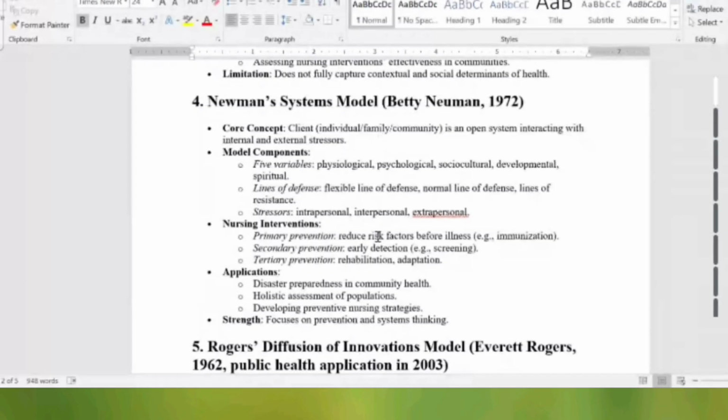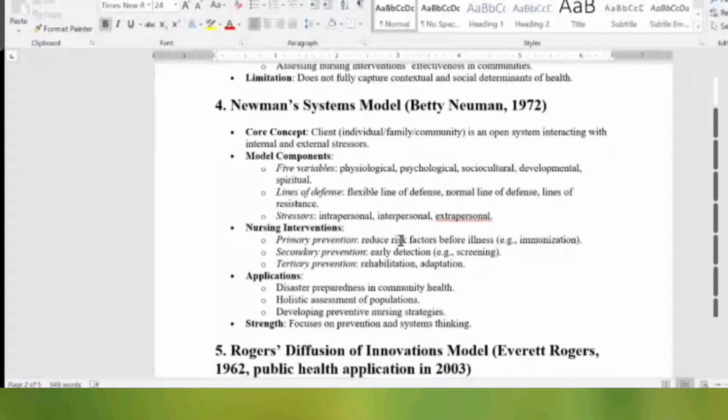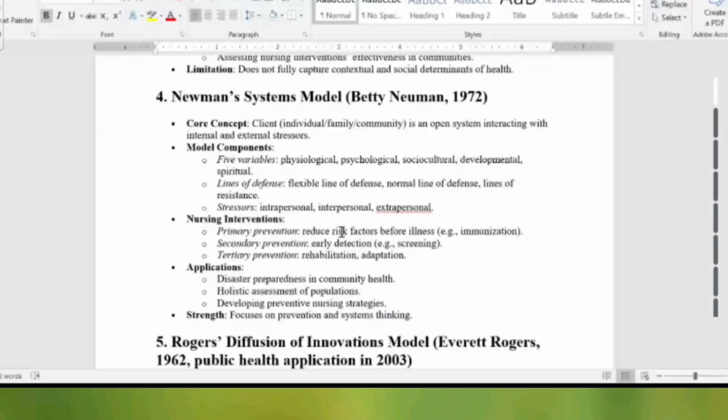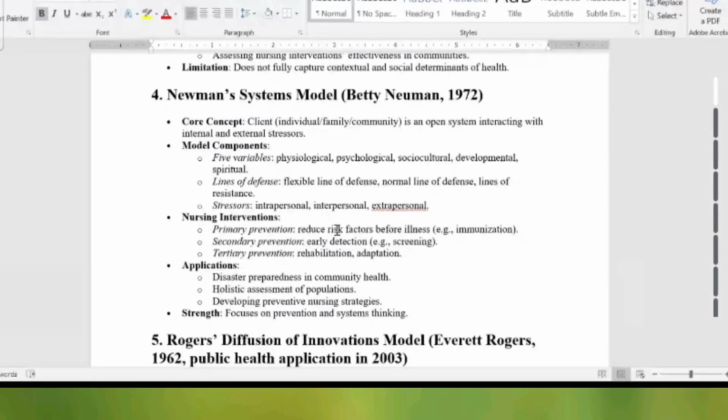Now, after primordial prevention, we look at primary prevention, secondary prevention, tertiary prevention, and then another gap that is missing in this particular model is what we call quaternary prevention. Quaternary prevention goes beyond rehabilitation and adaptation. It's about home visiting.